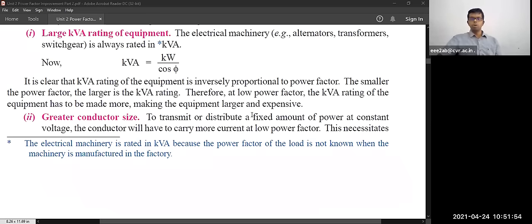Conductor size being more means the conductor will heat up like anything, and heat loss will be there. So due to that, transmission loss will be there. Whatever power we are sending will not be received, because due to the heat losses, that much current will not be received at your home.